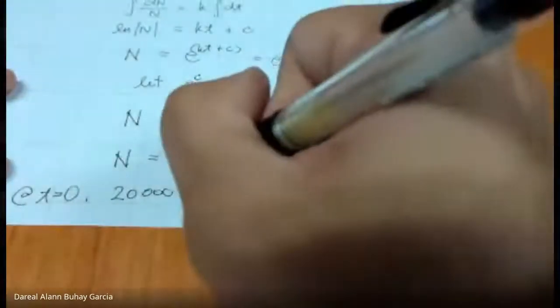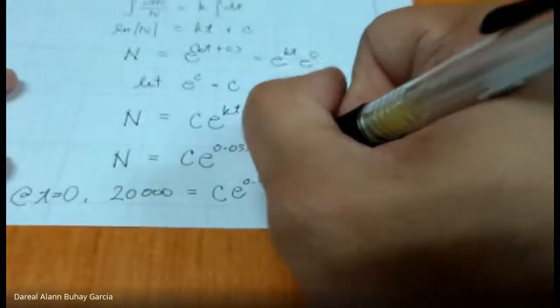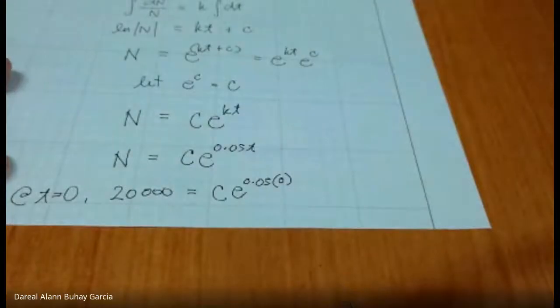So c is 20,000. So ang atong DE mahimong n is equal to 20,000 e to the 0.05 t. So muna itong differential equation.